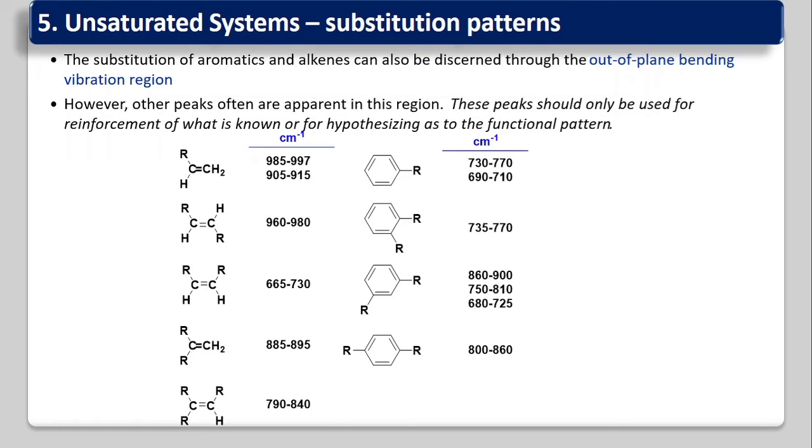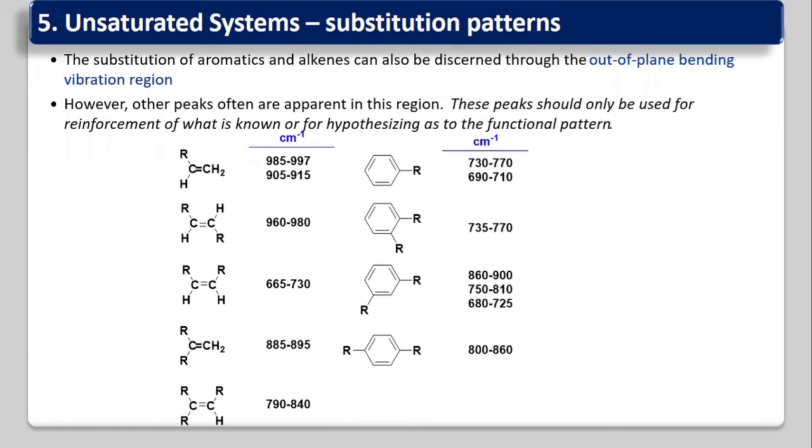If it is monosubstituted, then peaks appear between 730 to 770, along with 690 to 710 cm⁻¹. If it is disubstituted benzene, peaks will be there at 735 to 770 cm⁻¹. If it is meta substitution, then various peaks appear between 860 to 900, 750 to 810, and 680 to 725 cm⁻¹. If it is para substituted, then there is a sharp peak between 800 to 860 cm⁻¹.